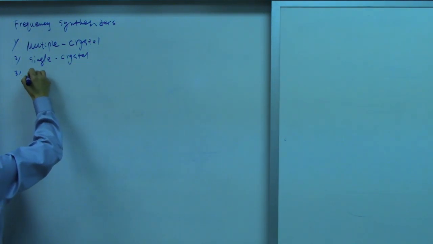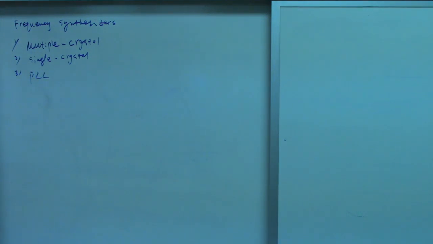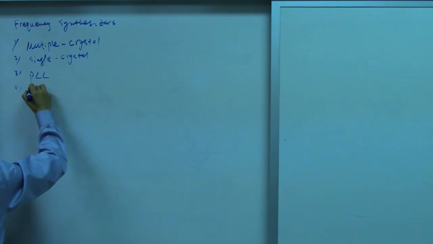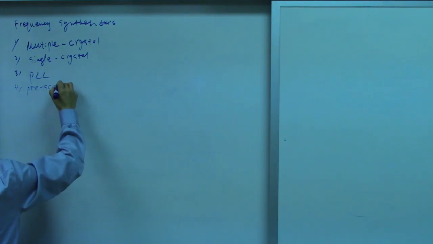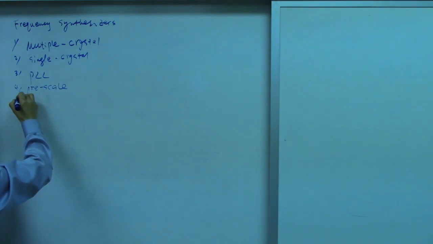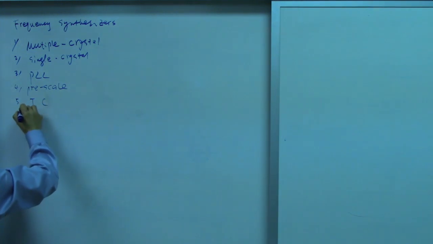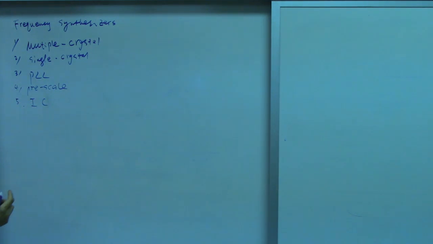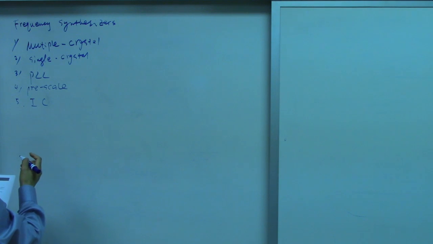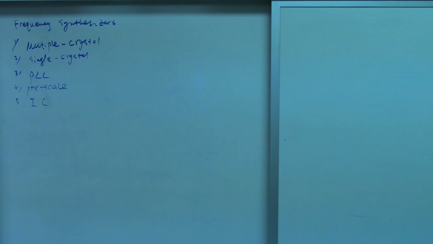And the next one is PLL, I just mentioned. And pre-scale. And IC, integrated circuit. And we have some others, like the radio tuning frequency synthesizer, but we are going to discuss the first 3 in more detail.